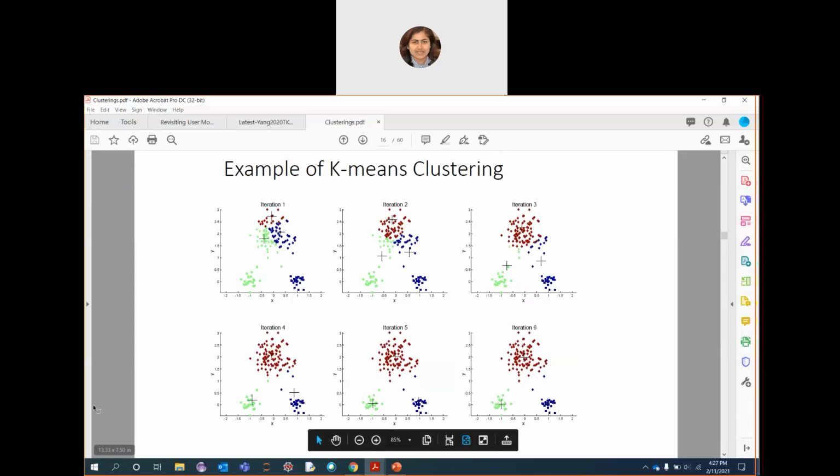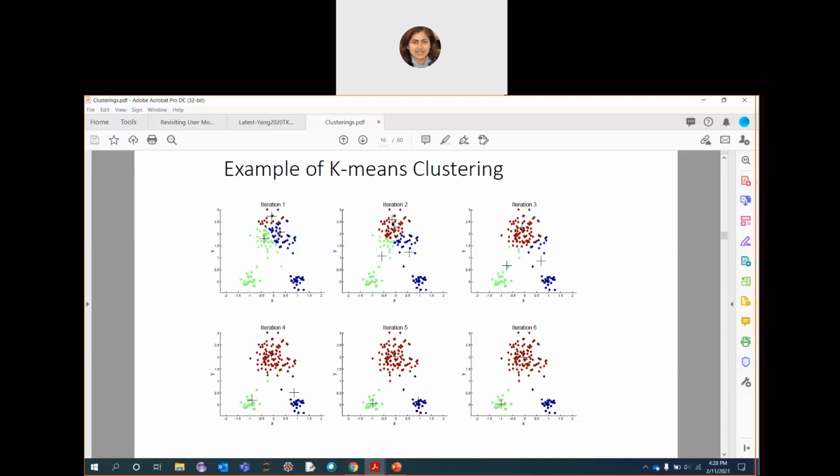Let's see this example. In the first iteration, these are all data points in different colors, starting with three centroids. There are 6 steps, so final clusters are found in 6 steps as shown. At the end of iteration 3, you see the clusters are formed in close proximity to their individual clusters. First the centroids are in this position, and based on that, the clustering is done.